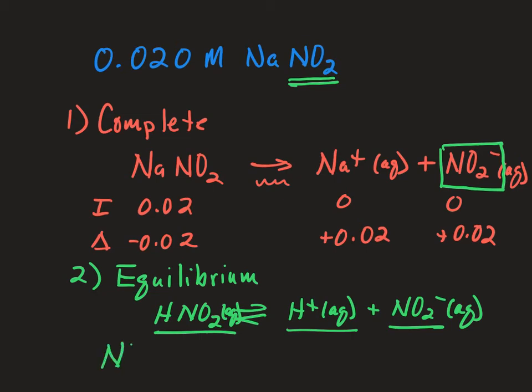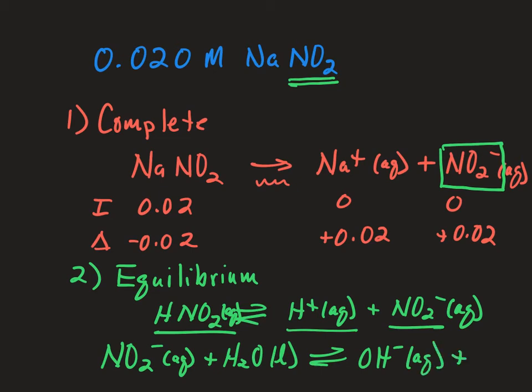So our equilibrium is nitrite ion reacts with water to make hydroxide ions plus nitrous acid. Right?